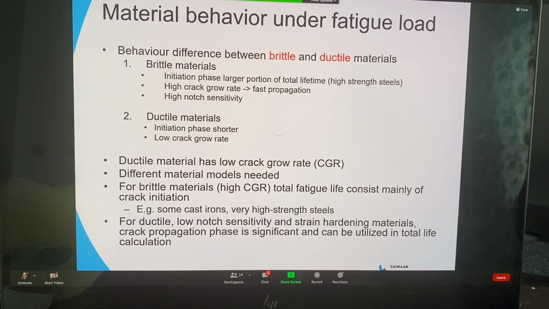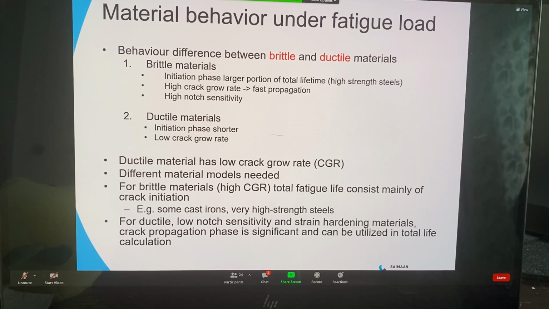Whereas if you have a ductile, low notch sensitivity and maybe strain hardening material. Strain hardening materials usually are favorable in fatigue because there's plasticization in the crack tip. They tend to harden in that area, and that also further resists the crack growth. They are beneficial in that sense.